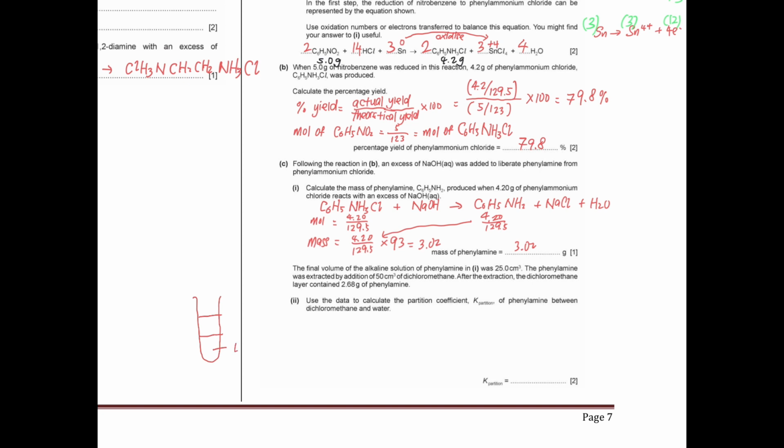Of course, now you add some organic solvent, which is dichloromethane, something like oil, oil will float, and the alkaline solution is basically aqueous solution.